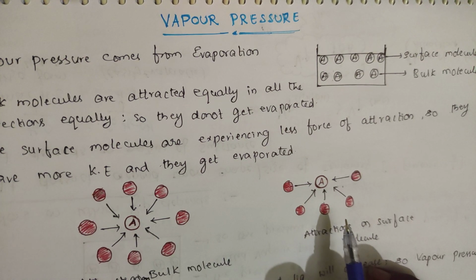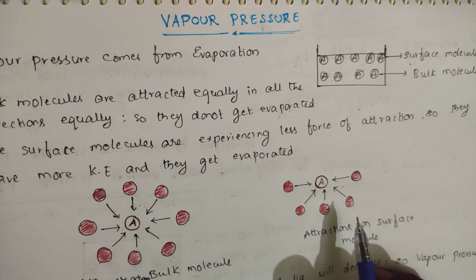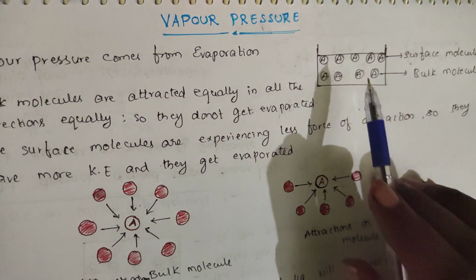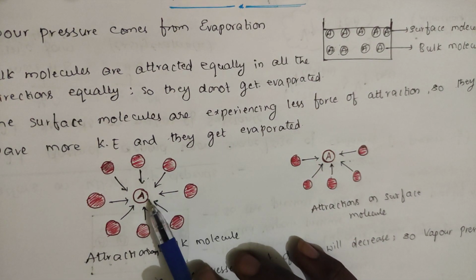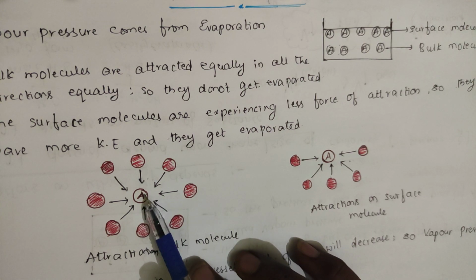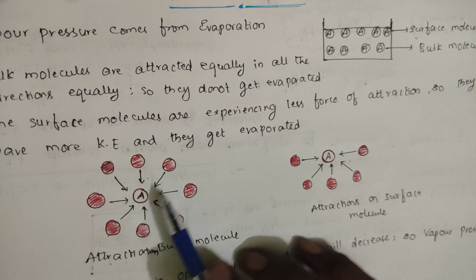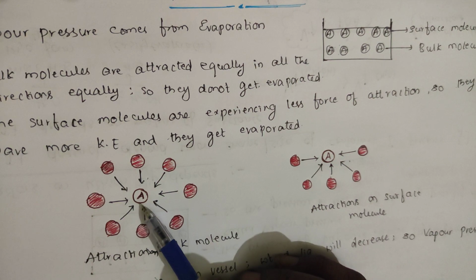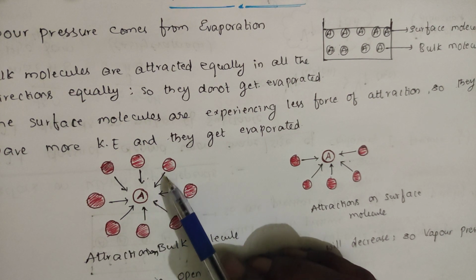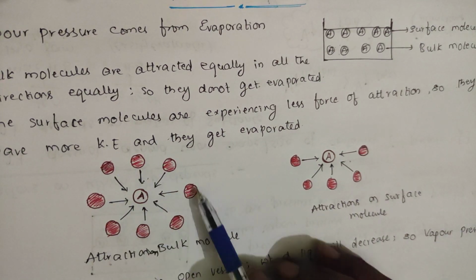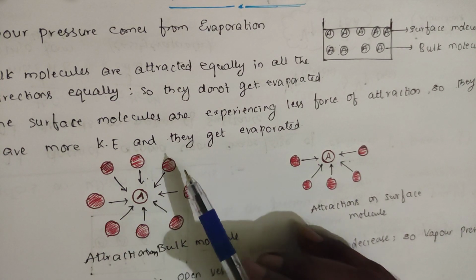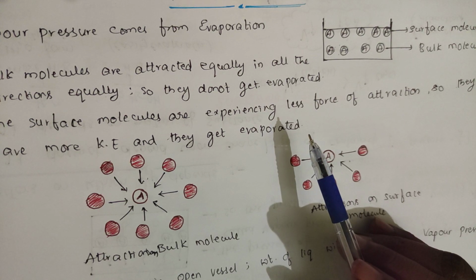Why do the surface molecules get evaporated? This is the question that arises. The reason is, if any molecule is present in the bulk, let me take this as the bulk molecule, present in the middle or somewhere here, it is equally attracted by all the molecules surrounding it. So the surrounding molecules will be in all directions: front, back, as well as up, down, in all corners.